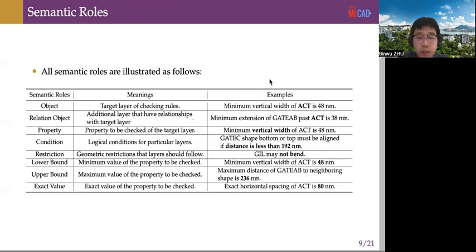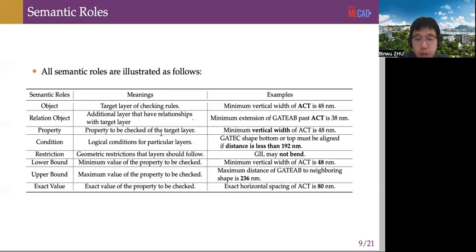Okay, let me explain my defined categories for all words. I try to conclude all necessary key information. For example, the first category is object, which is used to mark the target layer of checking rules. The second one is relation object, which is used to mark additional layers that have relationships with the target layer.